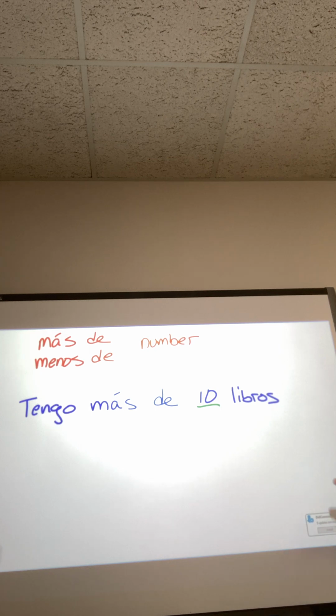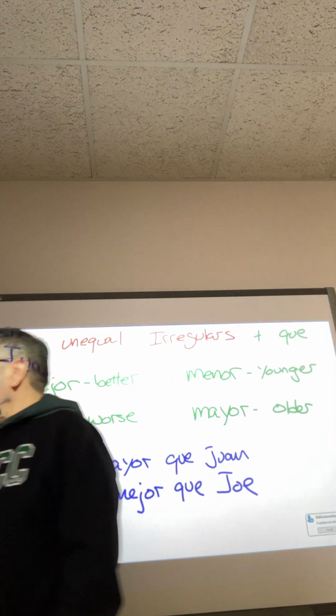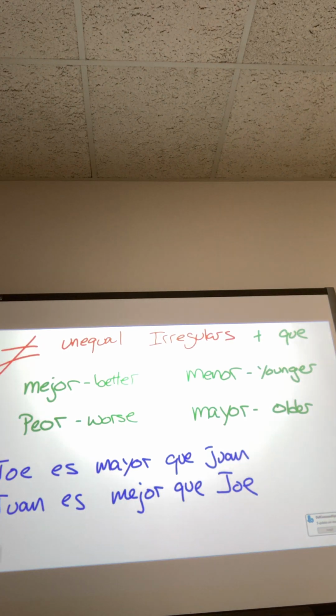The last thing: there are always irregulars, always. In this case, mejor means better, peor, worse, menor, younger, and then mayor, older. In this case, you combine the irregular with the word que.